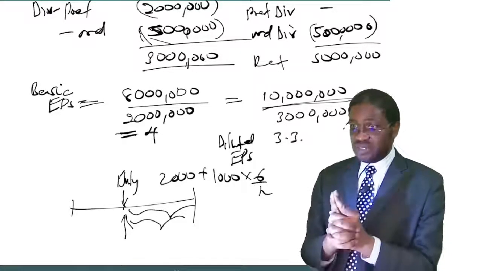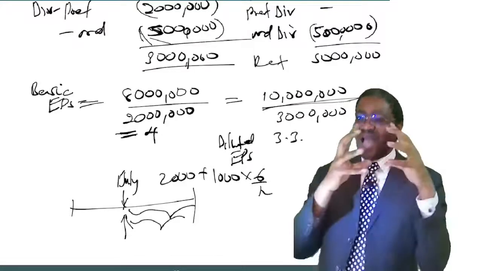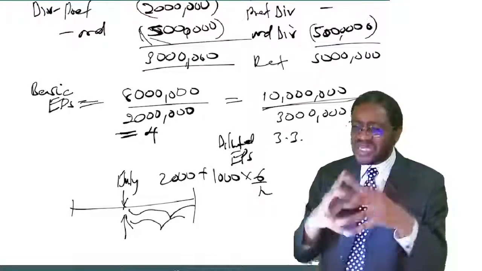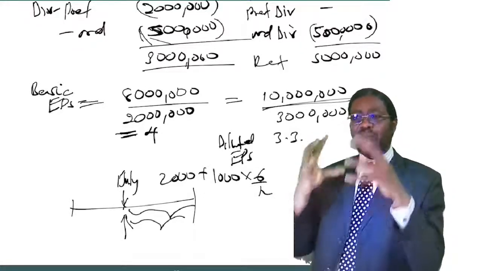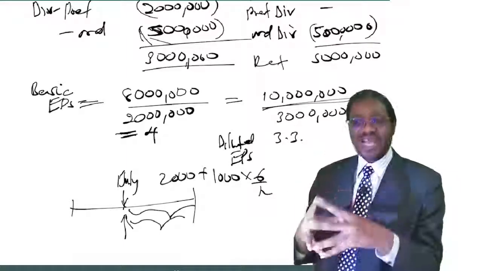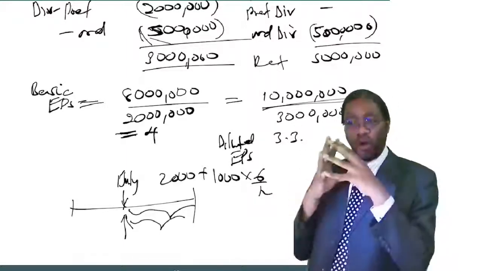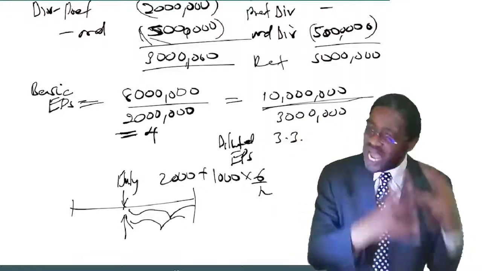We have said to compute the diluted earnings per share, to the earnings you used for basic EPS, add the preference dividend that would have been saved on conversion. In other words, what you paid them this year, which otherwise you would have saved.